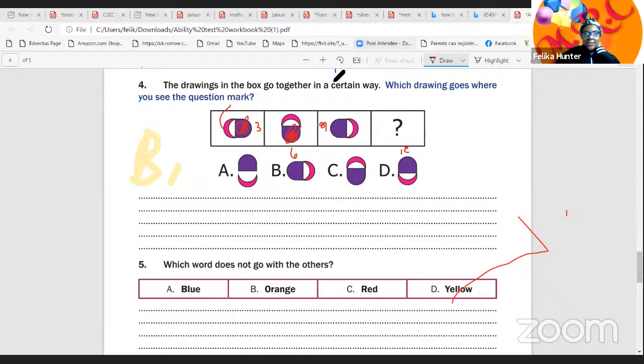And the last question, I'm just going to ask, let's see who we have here. Gianna.